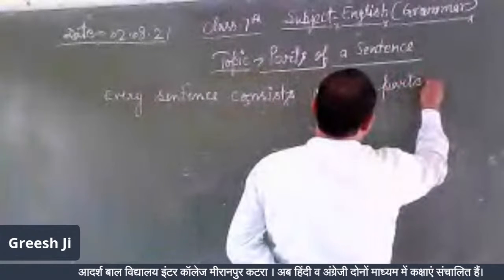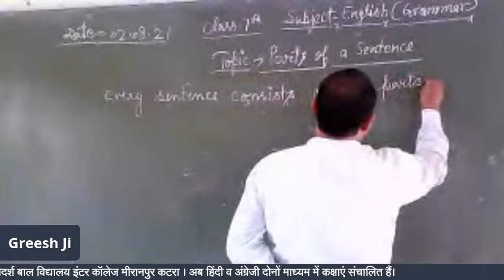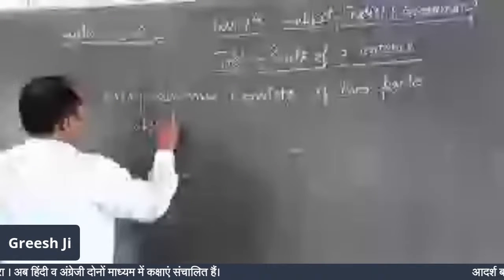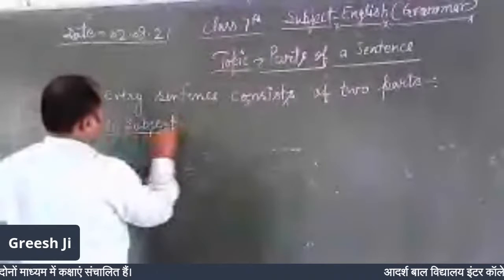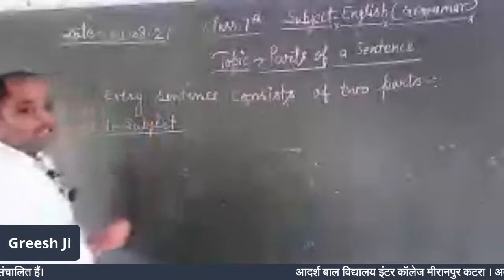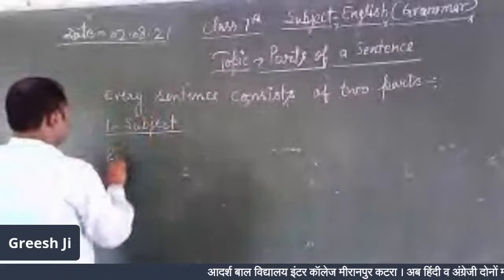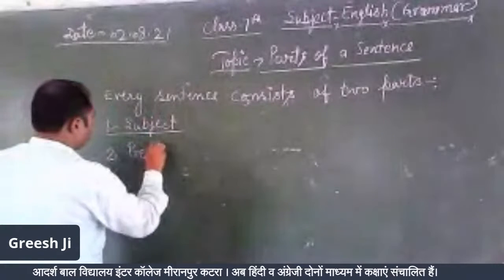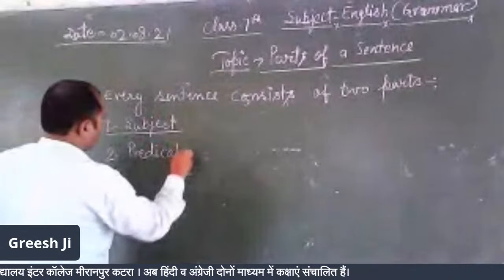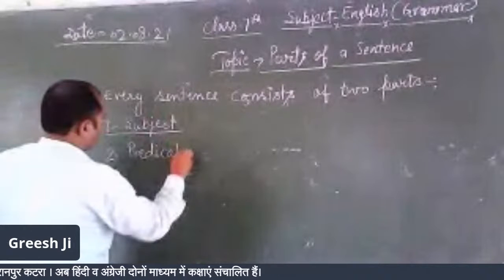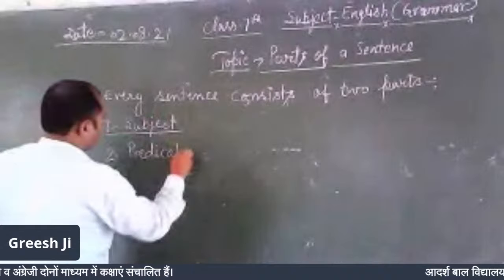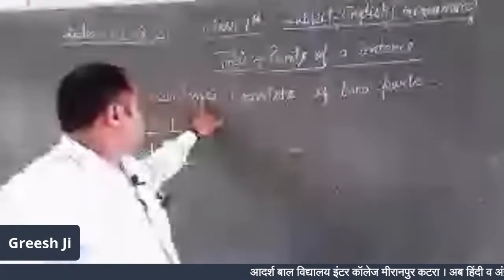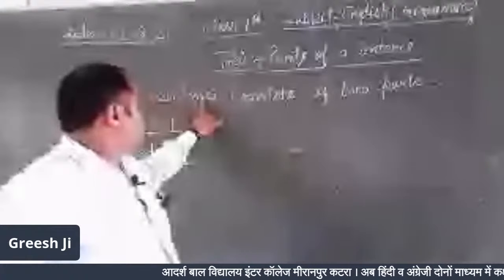Okay, the first part is subject, and the second is predicate. Subject and predicate. Students, the two parts of a sentence are subject and predicate.